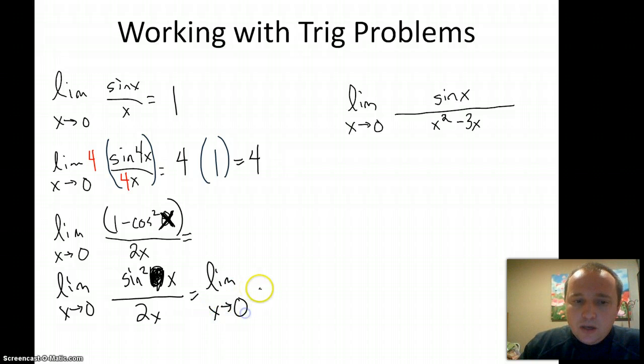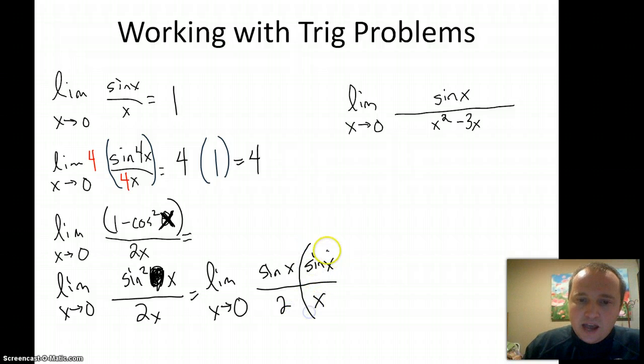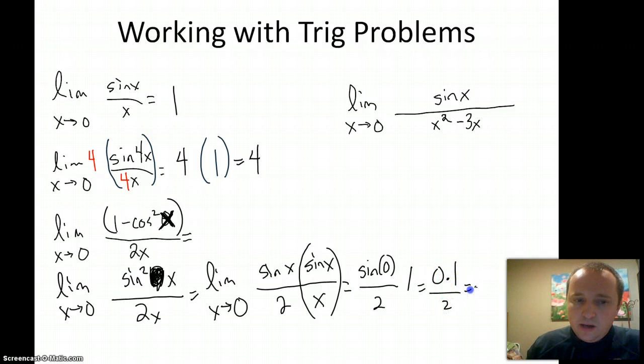Here's why. This is sine of x times sine of x divided by 2 times x. Well, what does sine of x over x approach? It approaches 1. Right? What does sine of 0 equal when I plug it in? Think about it. 0. So what is my limit? Sure. If you graph it, you'll get the exact same answer.